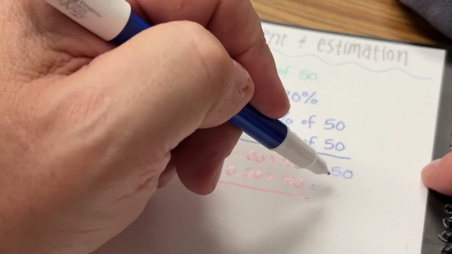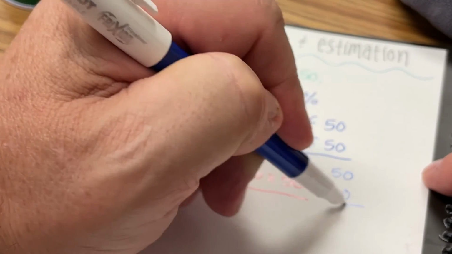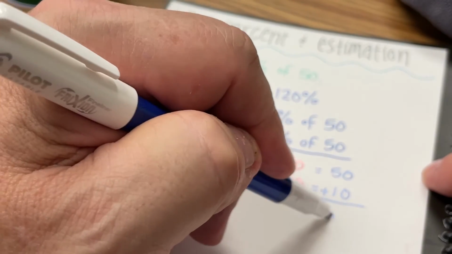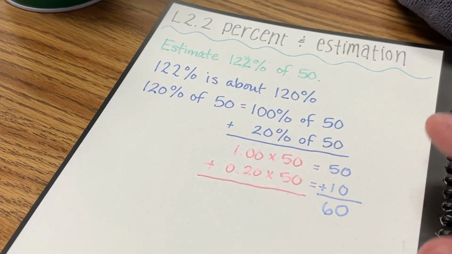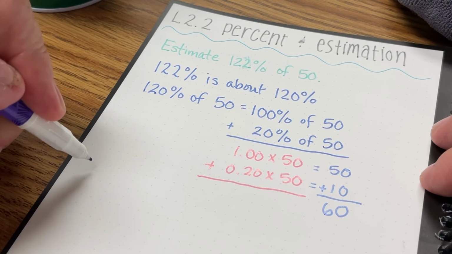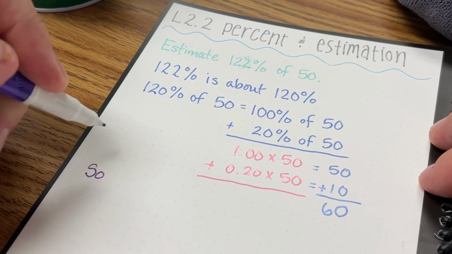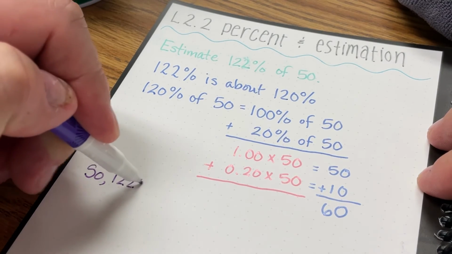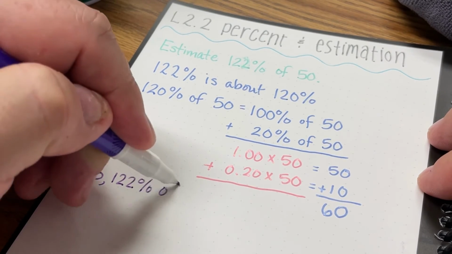And 0.20 times 50, which would equal 10, and 50 plus 10 is equal to 60. So 122% of 50 is about 60.